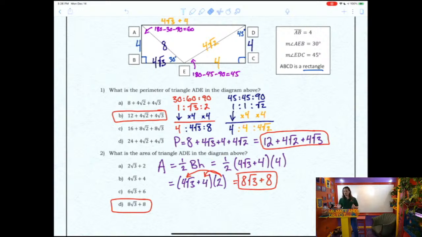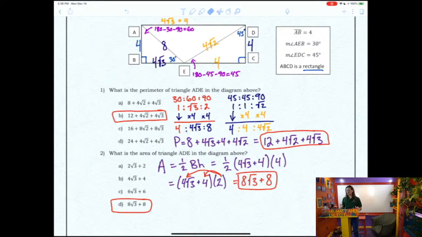Oh, and one last thing, remember that this is overall a rectangle. So side length AD up on the top of the rectangle has to be congruent to side length BC, which is the base of the rectangle. Notice that the base of the rectangle is made up of 2 separate segments. We have 4 root 3 and we have 4.